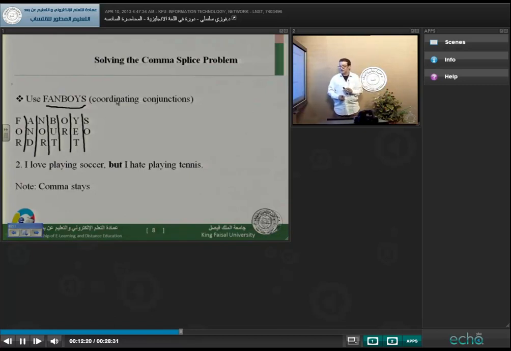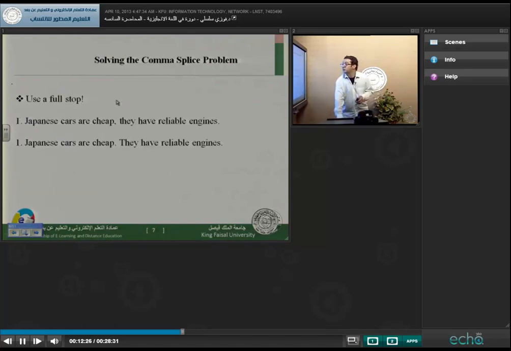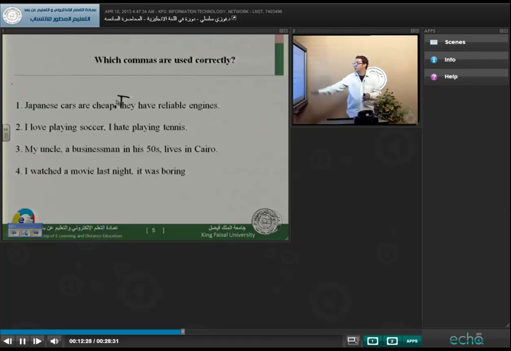So, we look at sentence number 2. Let's go back to sentence number 2. Here is sentence number 2. I love playing soccer, comma. I hate playing tennis. This is a comma splice. This is a mistake because you have two sentences.